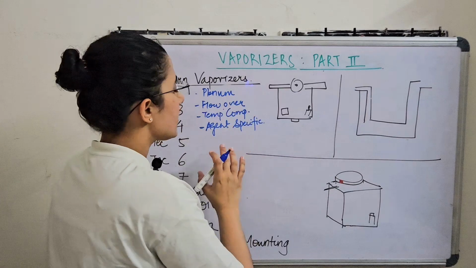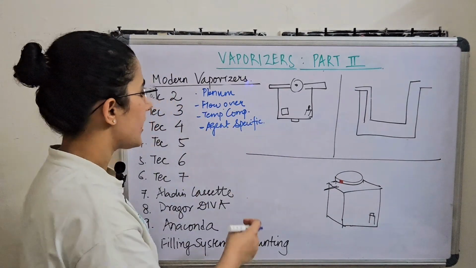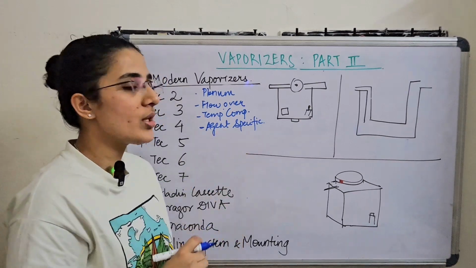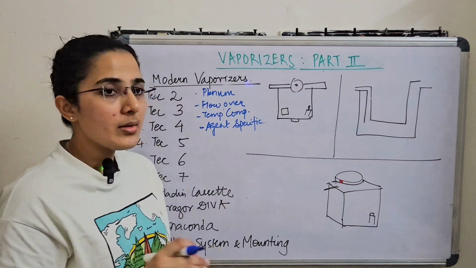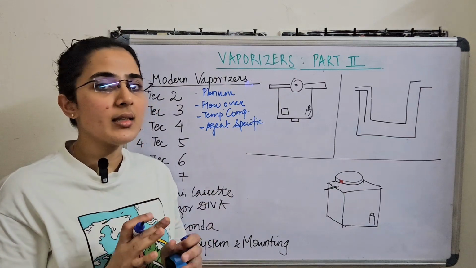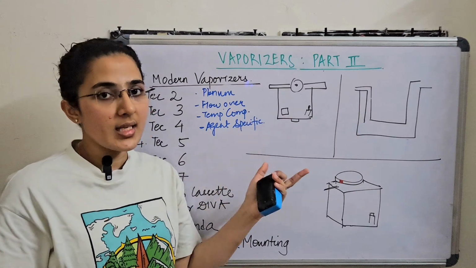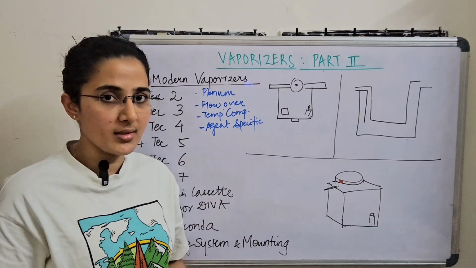So all these vaporizers, as we discussed previously, have a bypass as well as a portion of the gas which is going into the vaporizing chamber. So we'll move from the basic interior mechanism of the vaporizer and see what the specific features of each of these types of vaporizers are.